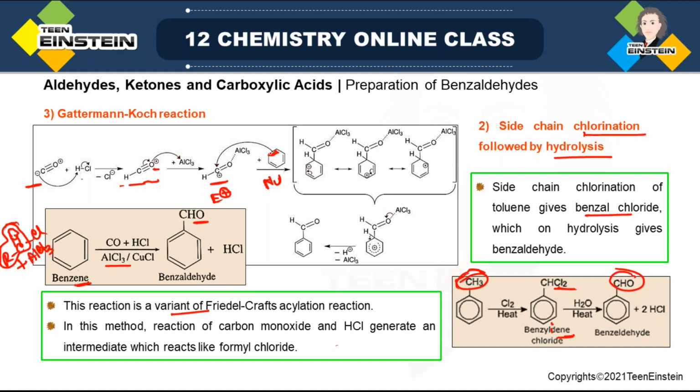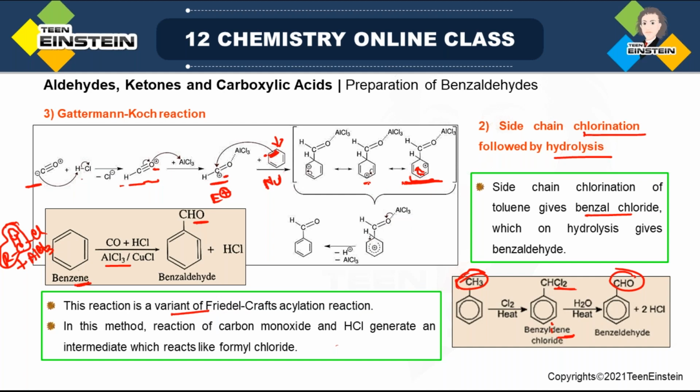As a result, what will happen? As this pi bond is broken, there will be bond formation between these two carbons, and as a result there will be positive charge generation at this position. Now you can consider any of these resonance structures. Suppose this is the first structure, where the positive charge is generated. Further resonance is possible.